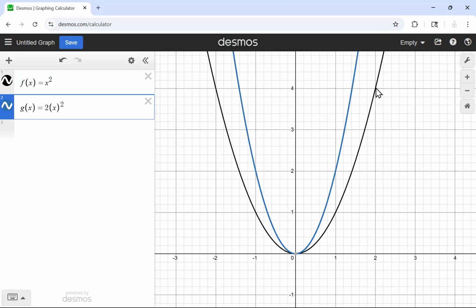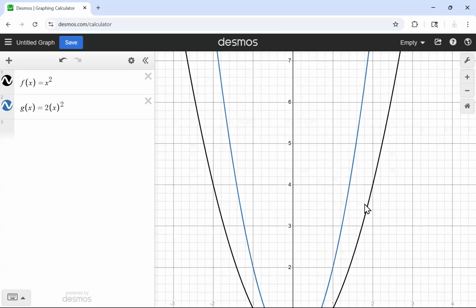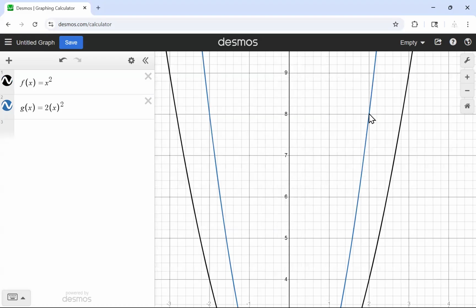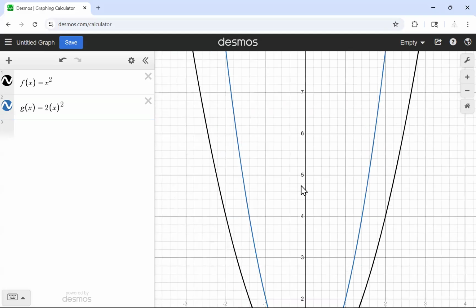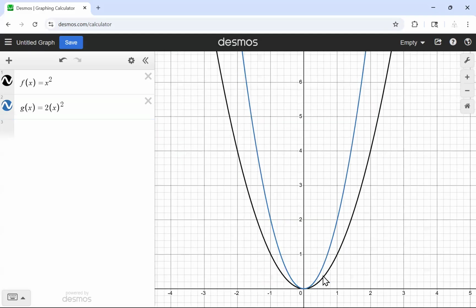And the point that used to be 2, 4 has doubled its y value, and so now we're looking at the point 2, 8. That's what we mean by a vertical stretch: every time we have a point on our original function, in this case, we've doubled the y value because we put a factor of 2 out front.